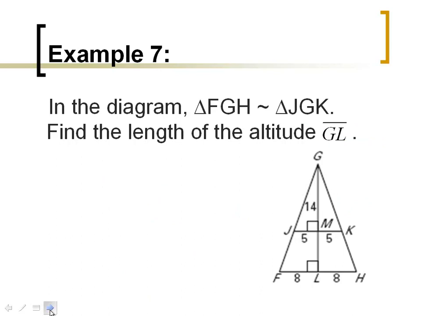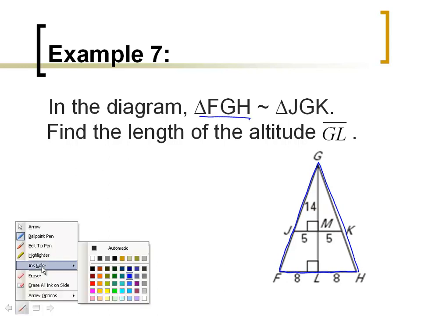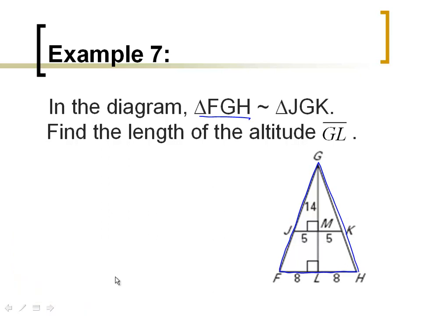Here in the diagram, triangle FGH, that's my larger triangle here. I just outlined it in blue so we can see it a little better, is similar to triangle JGK.